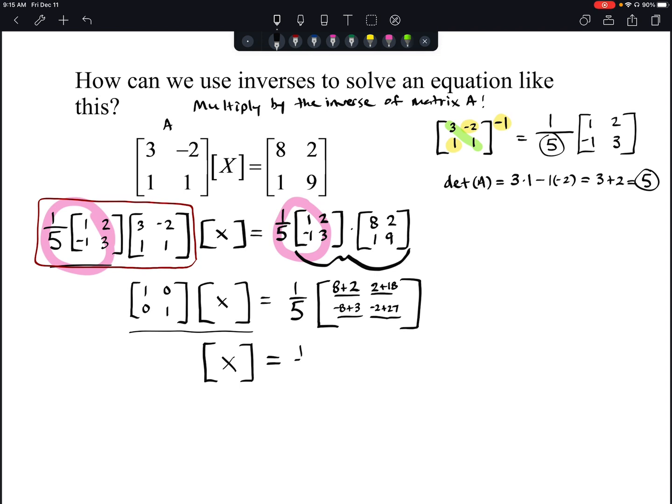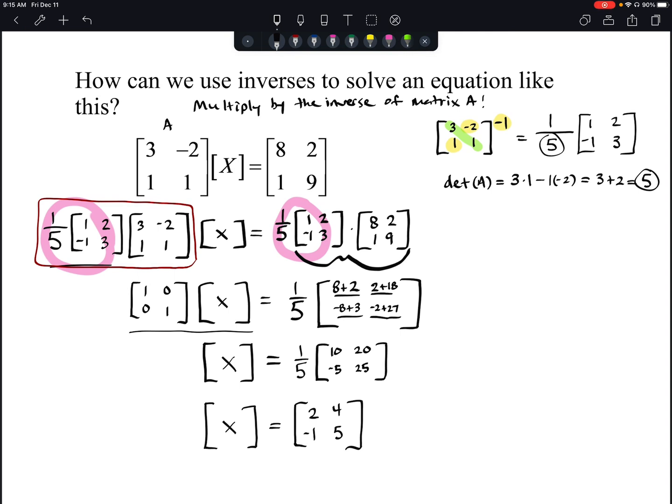When we simplify those, we end up with 10, 20, negative 5, and 25. Now we can multiply that 1/5 times each of those elements, and we find our unknown matrix. Our unknown matrix is going to end up being 2, 4, negative 1, and 5.